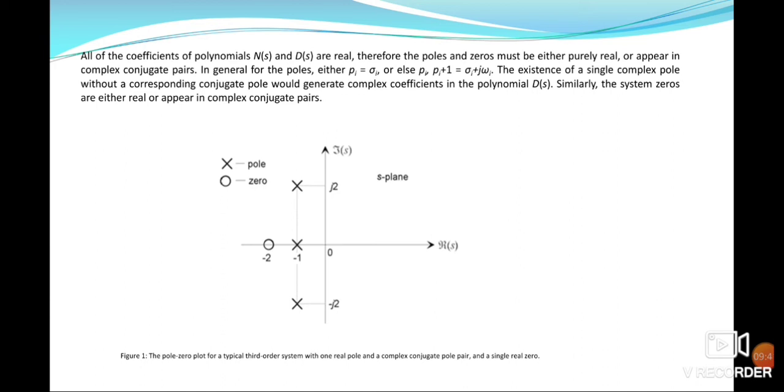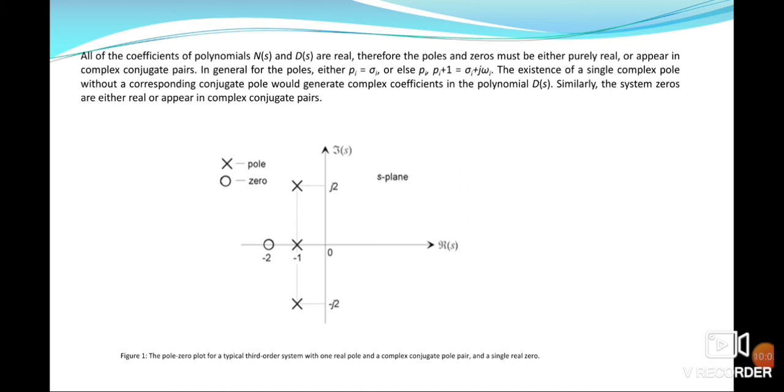So if we write the transfer function of this S-plane, we will see that the numerator is the location of zeros. On the S-plane we have only one zero present, so the numerator will be written as s plus 2.